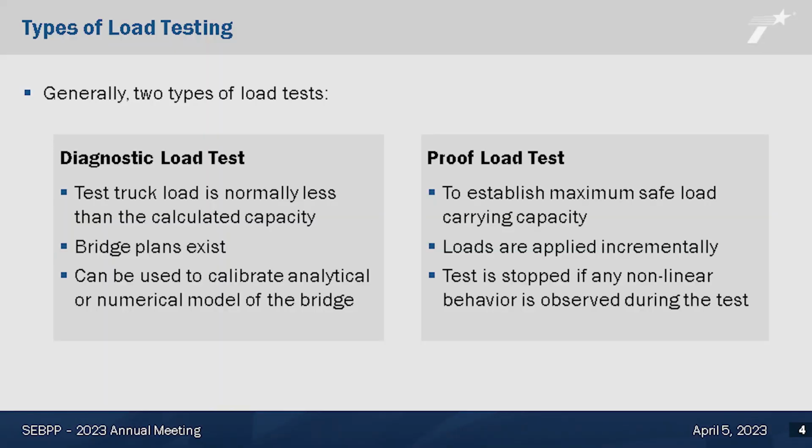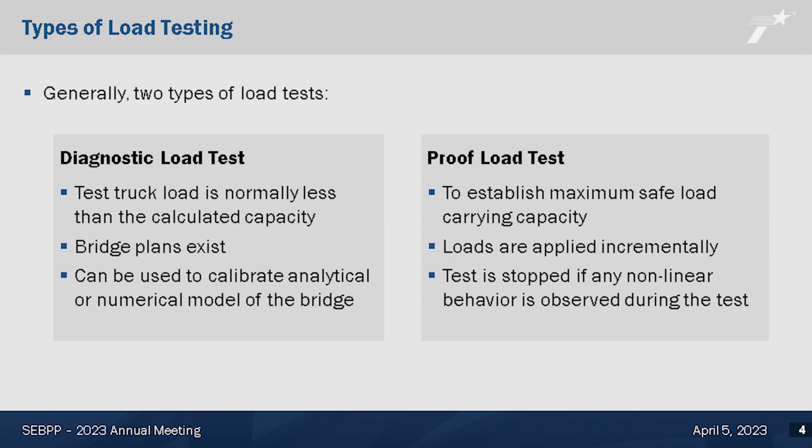So load testing generally falls usually in one of two categories. We've got diagnostic load testing, where the test truck load is less than the calculated capacity, where bridge plans exist, and we're using this testing to calibrate numerical models of the bridge.